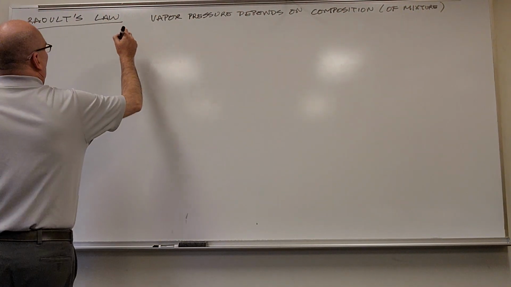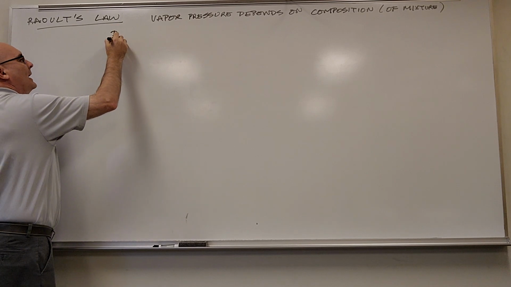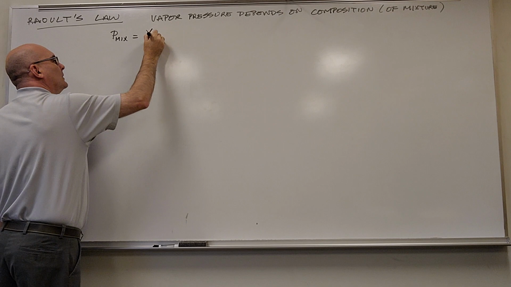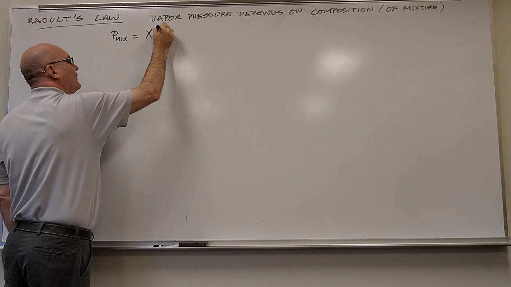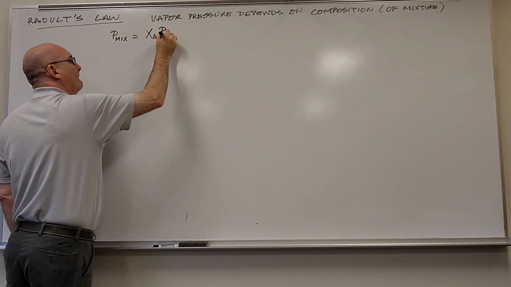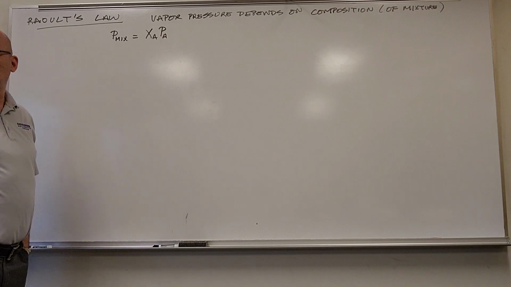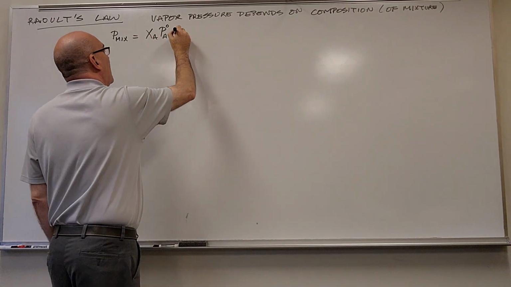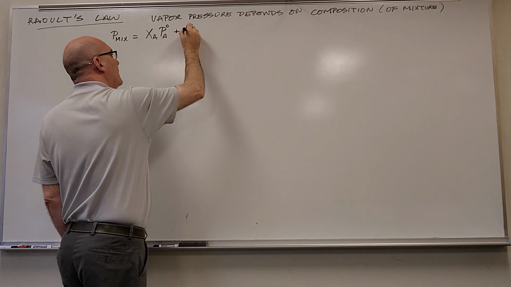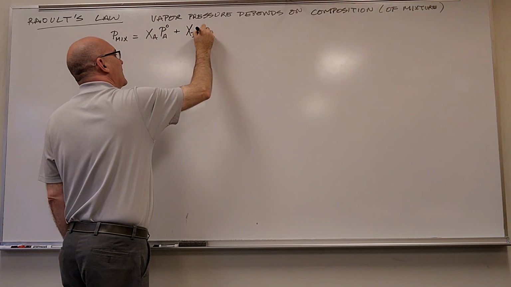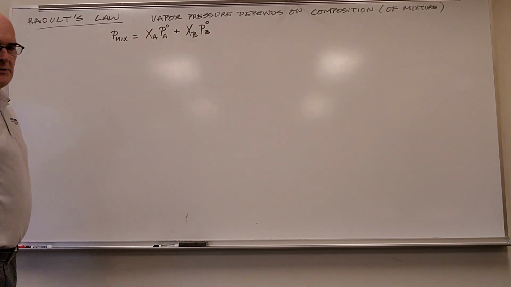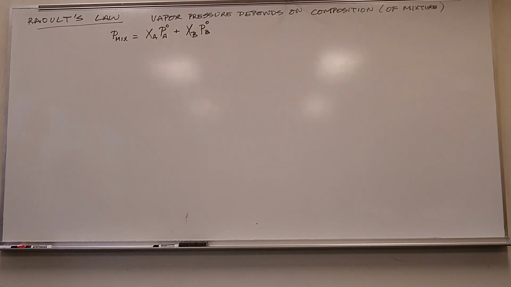Okay, so remember that the pressure of the mixture is equal to the mole fraction of the first component multiplied by the vapor pressure of the first component when it's pure, plus the mole fraction of the second component multiplied by the pure vapor pressure of the second component.